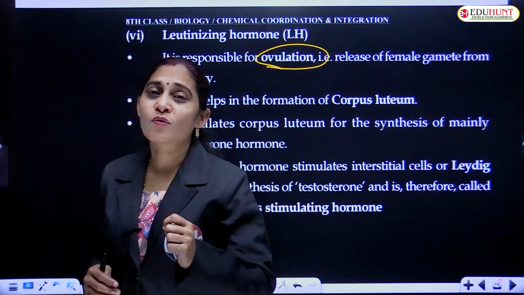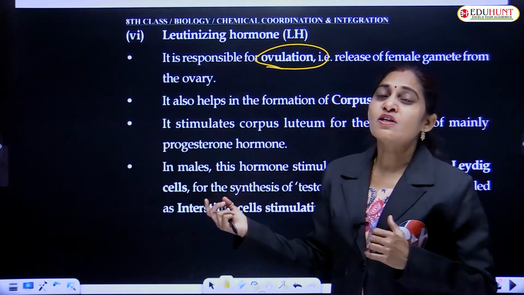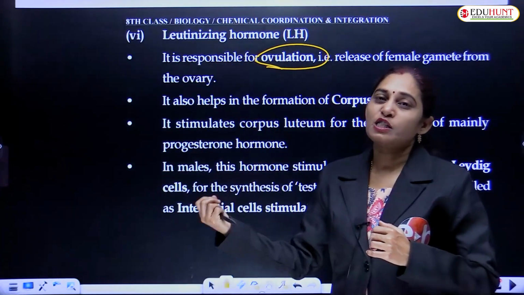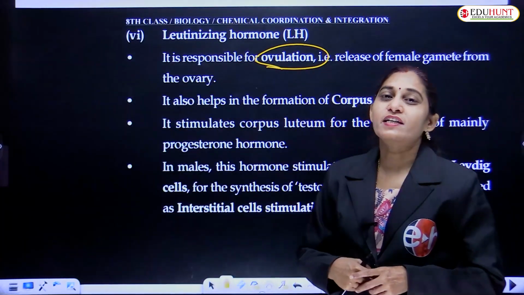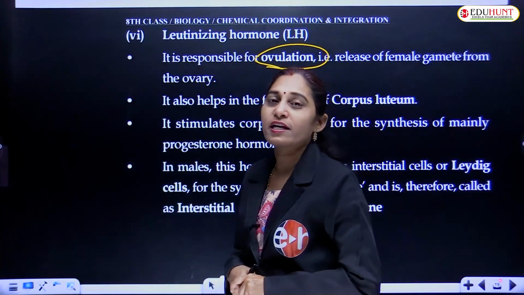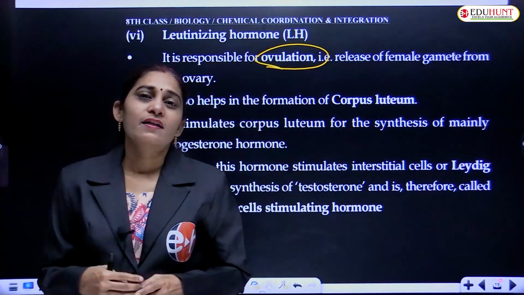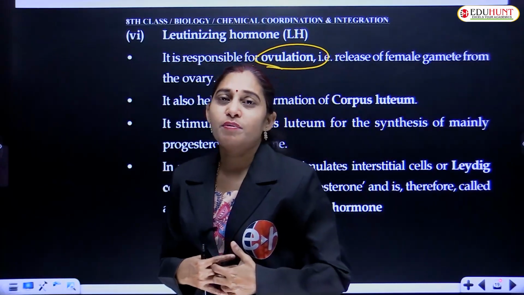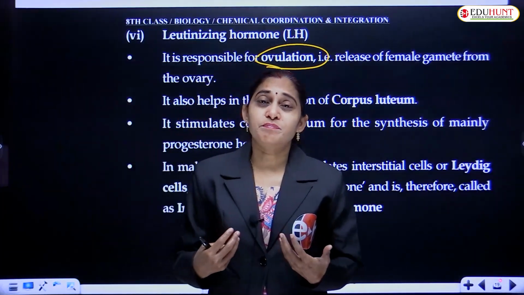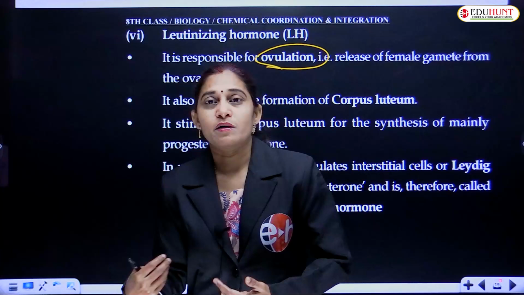Otherwise, it will not be available for the sperm to reach for fertilization. So the eggs are released for the sake of fertilization. If they are hidden somewhere in the body, they will not be available for fertilization by the sperms.